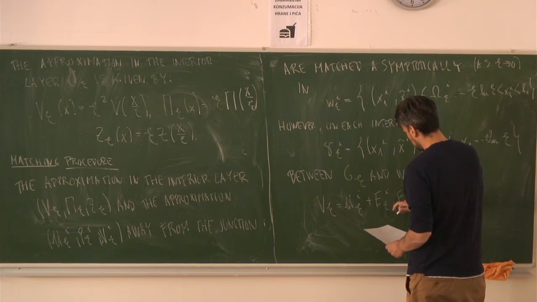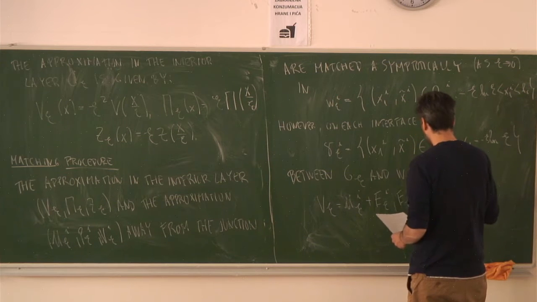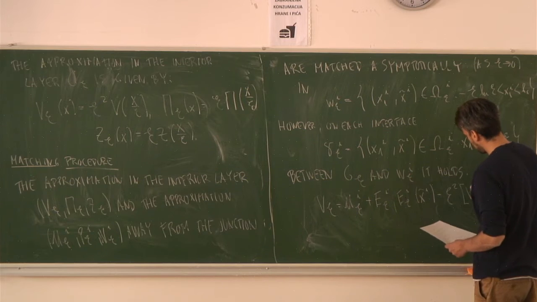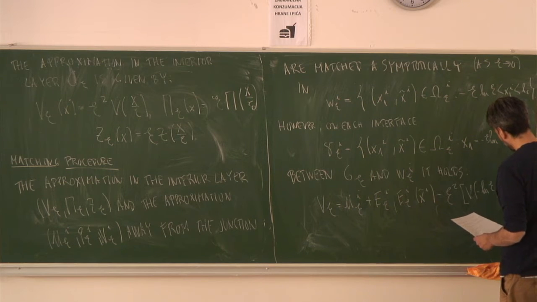So we define it, so it's given basically in this way, E epsilon I of x tilde I is epsilon squared v of minus ln epsilon, x tilde I over epsilon, minus u_i x tilde I over epsilon.